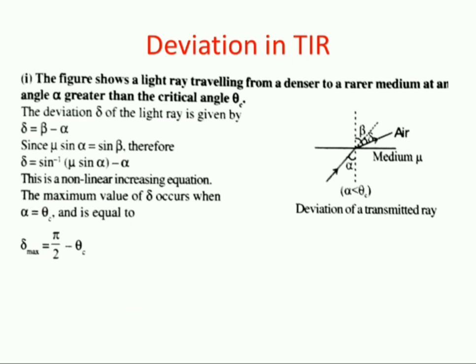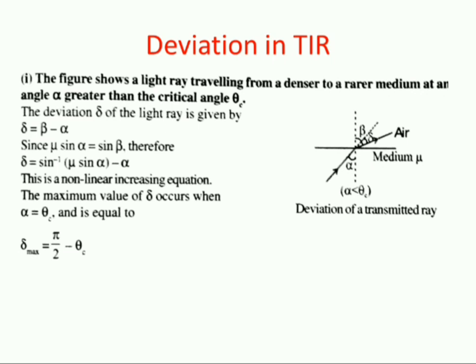And since it is a non-linear increasing equation, if alpha becomes the critical angle, here theta c is the critical angle, then the angle of deviation would be 90 minus theta c. Again I repeat, the angle of deviation will be pi by 2 minus theta c if alpha becomes equal to theta c.